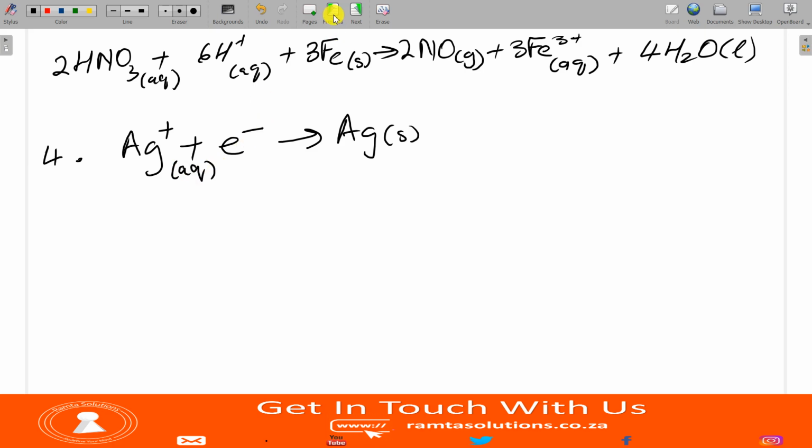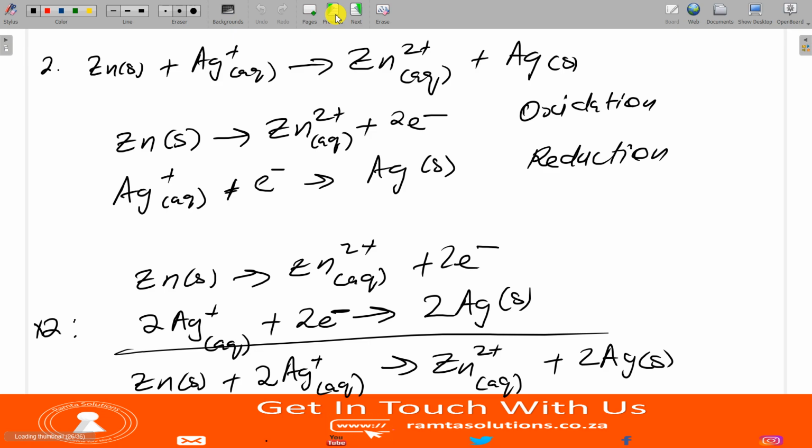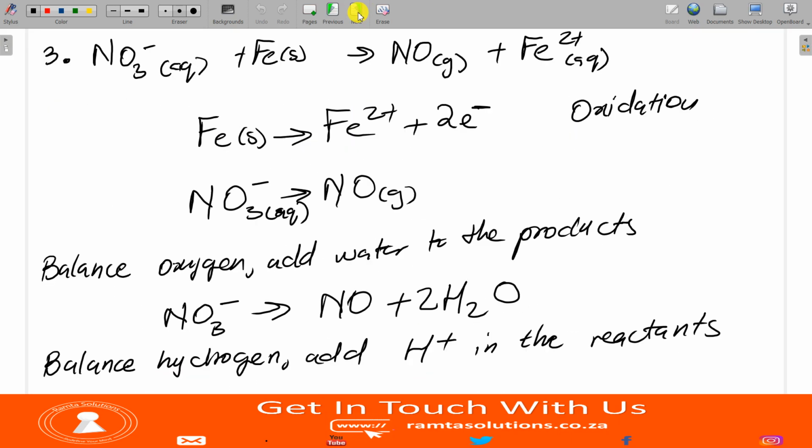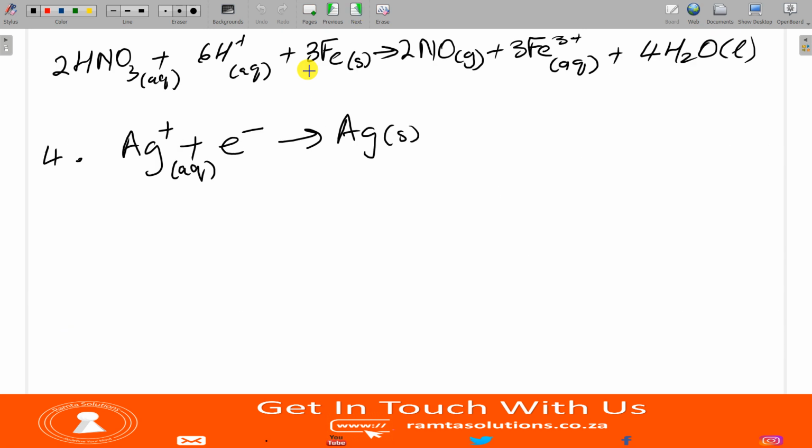Now cobalt. Remember the statement said silver ions are oxidizing cobalt-2 plus. So what that means is that we could be having something like this. Cobalt, solid, giving us cobalt-2 plus. Now we need to balance the charges.